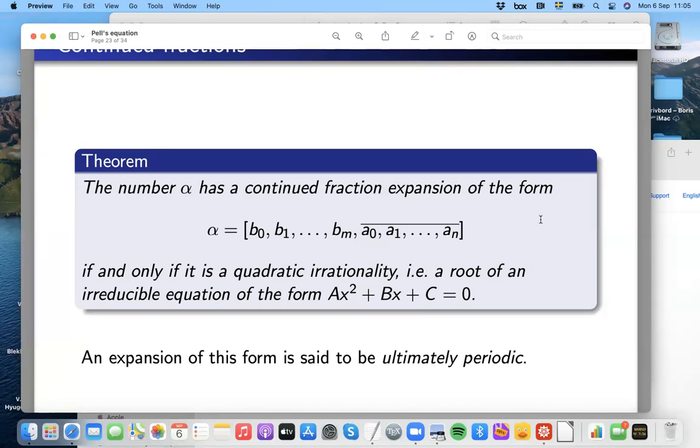The claim is that alpha is then a root of a quadratic equation with integer coefficients, A, B, C. It's a very nice criterion. Unfortunately, such numbers, quadratic rational numbers, are not such a big class.